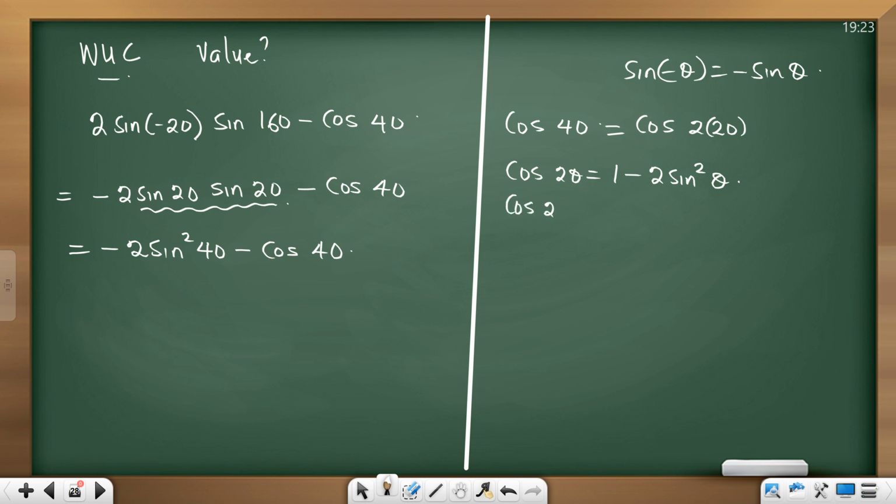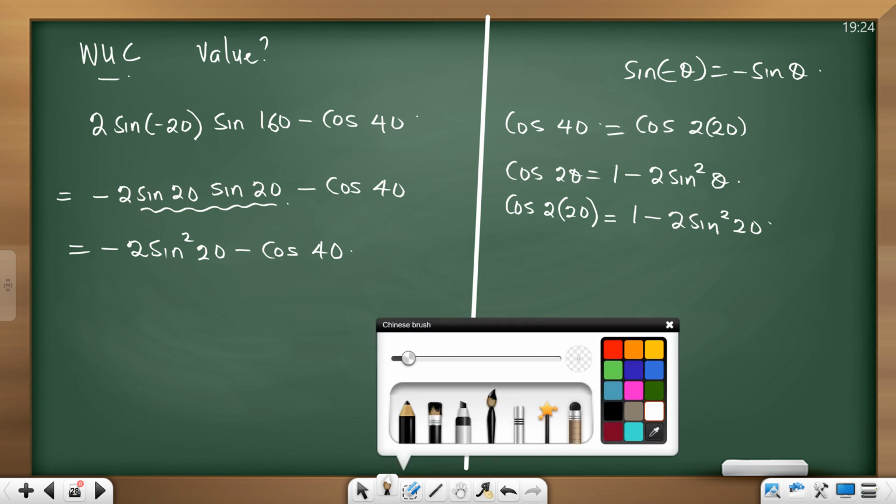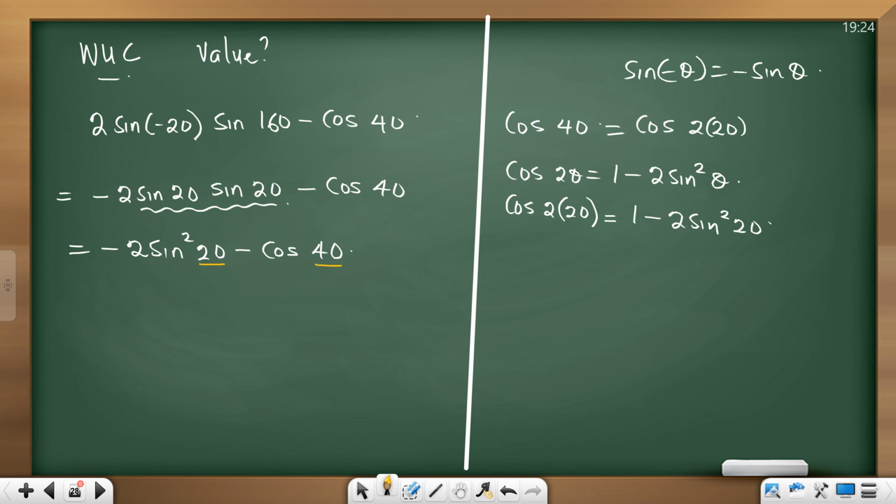So I'm replacing my theta with 20. Because sine 20 times sine 20, I am already seeing 20 and 40 as double angles. So do you see that cos 40 is 1 minus 2 sine squared 20?